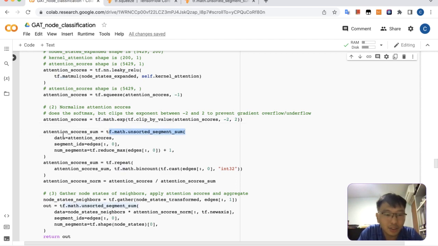Okay, so we have the attention scores, which is of this shape 5429. Okay, and then we have the ages. The segment IDs is the ages 0, which means the first node, the target node. So the segment IDs is the first node itself.